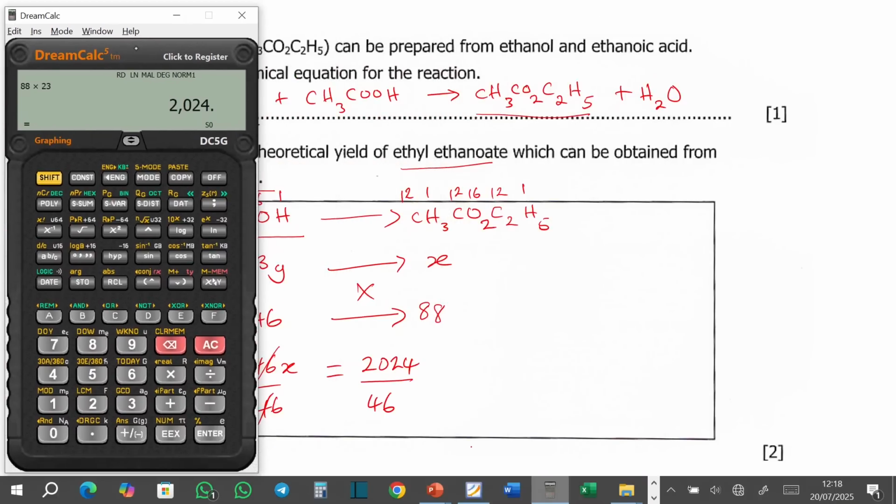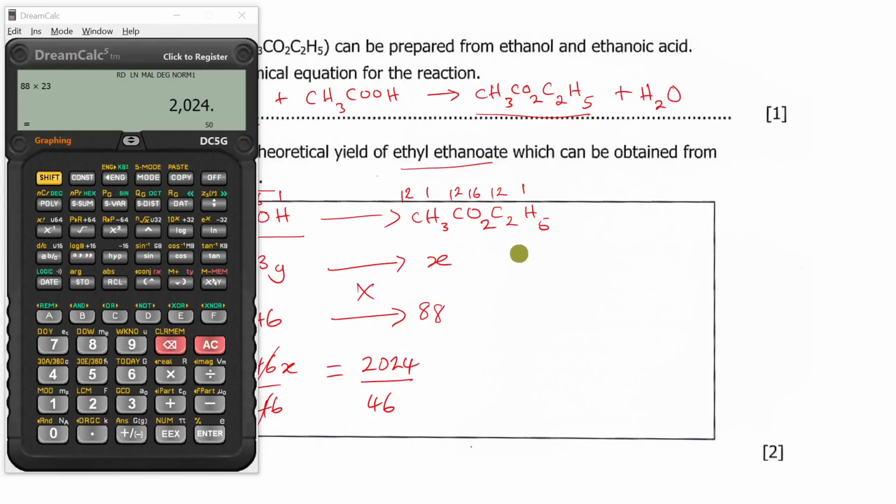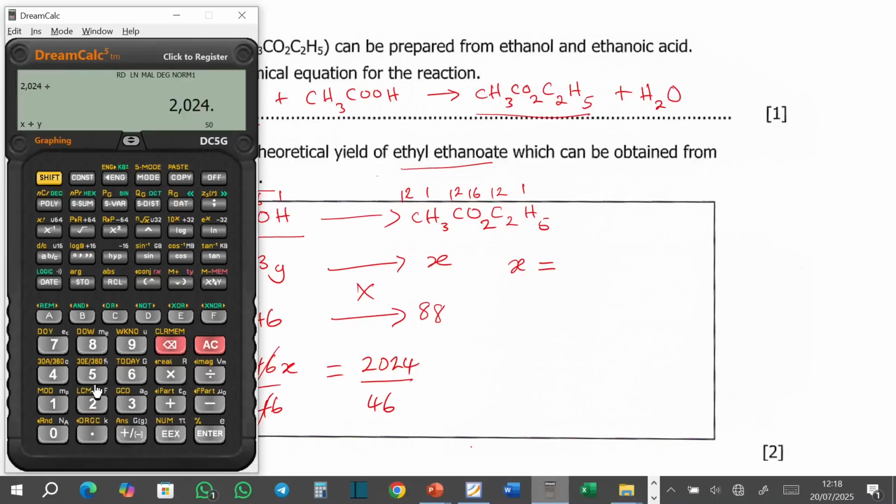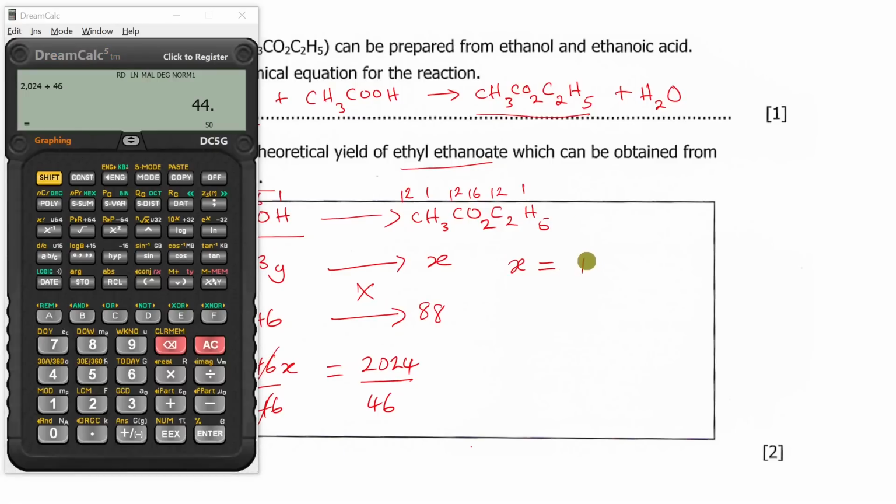So x is equal to this answer divided by 46. We are getting 44, so this will be 44 grams.